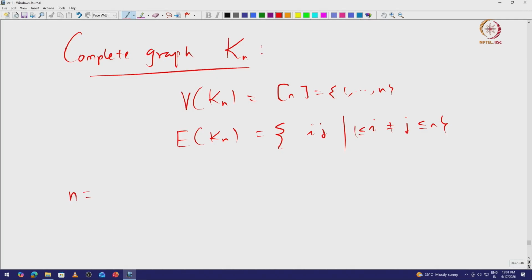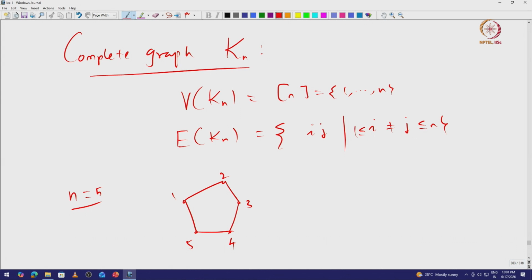For example, when n equal to 5, what we have is this. We have 5 vertices, let's draw like this, and then we need to just connect all of them. So for example, let's orient 1, 2, 3, 4, 5. These are all the vertices.